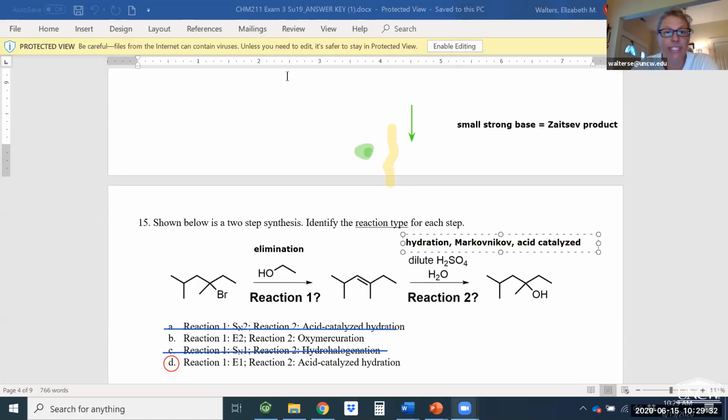So then that means it can't be B, so you've eliminated everything down to get answer D, and then it's telling you, well, then it has to be E1. It's not asking you specifically if it's E1, but the answer choices give it to you once you analyze the second step.